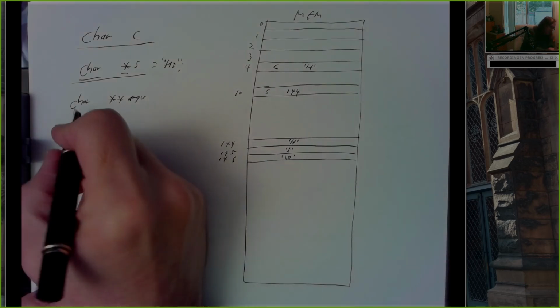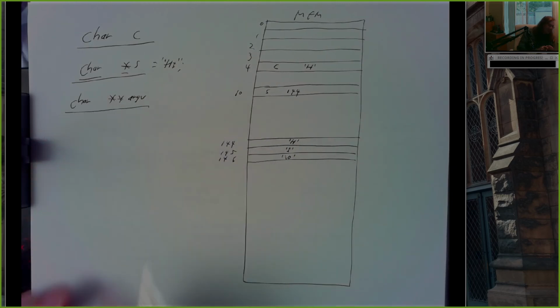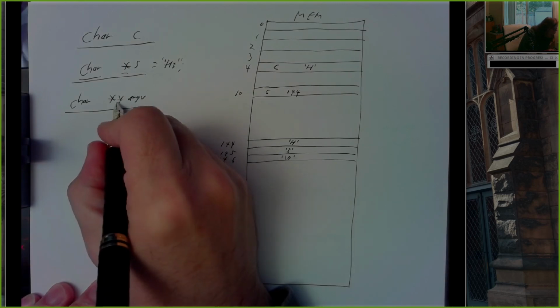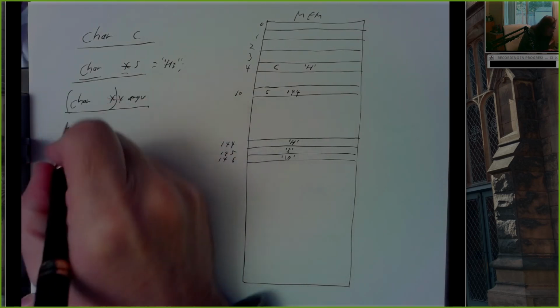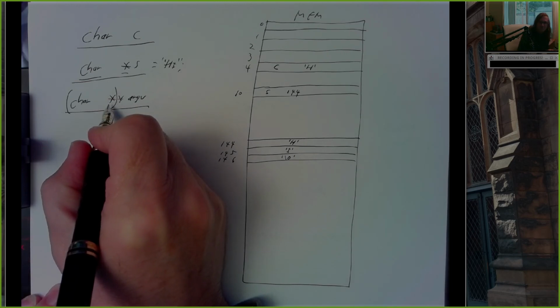Now things get really weird when we have a char star star. So one way to think of a char star star is argv is a pointer, that's what the star tells us. It's a pointer to this kind of thing, a char star.